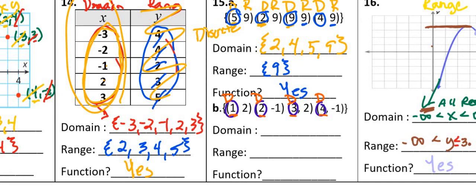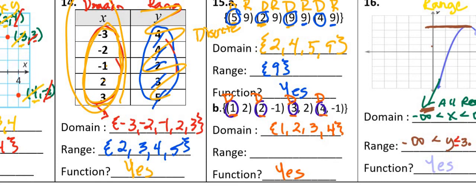None of those are repeated, so we say yes, this is a function. Since this is my domain that I have circled, and none of these are repeated, I'm just going to write them in order: 1, 2, 3, 4.